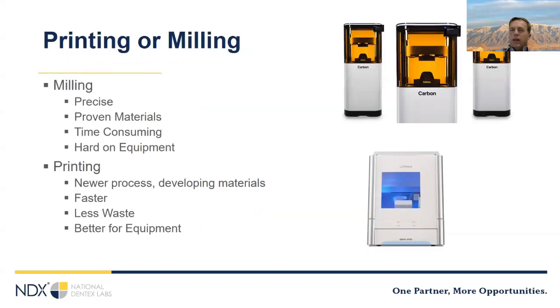So printing or milling. When digital dentures got started, they were all milling. Laboratories would mill either a 2-shade or a 1-shade puck of PMMA and deliver that to you. PMMA has some advantages, especially early.